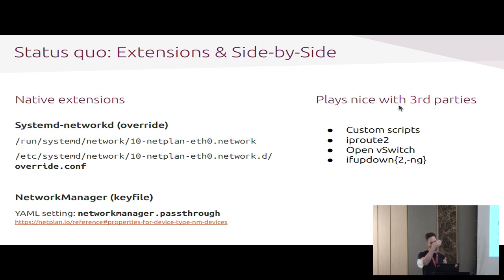If you have a networkd override in place, those will not be applied to NetworkManager, obviously. So all the stuff that is defined in the normal Netplan YAML schema can be translated to either backend. But if you use extensions, you're stuck with the networking daemon that you selected at the time.